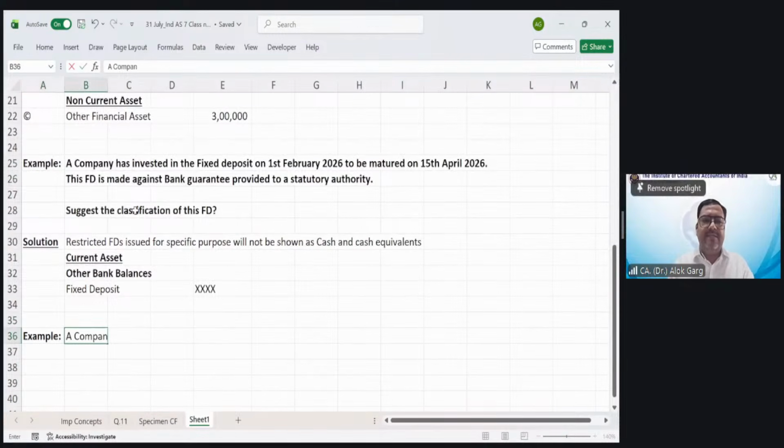A company has declared a dividend of 10 crore.